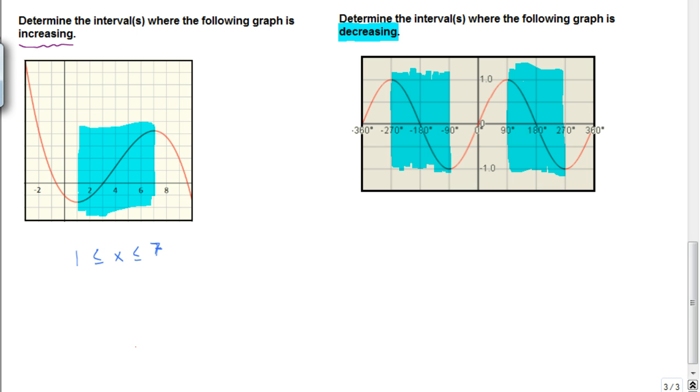So we would say this first interval would go from negative 270 degrees, which is less than or equal to x, which is less than or equal to negative 90 degrees. The second interval starts at a positive 90 degrees, is less than or equal to x, which is less than or equal to 270 degrees. So that's how you write your intervals for that sine wave, where it's decreasing.